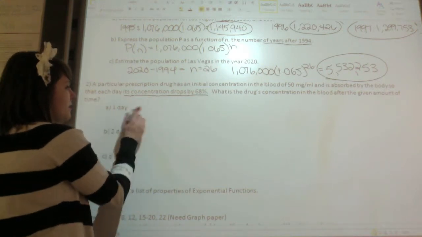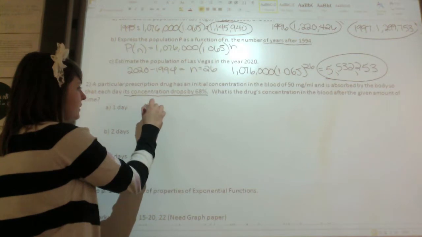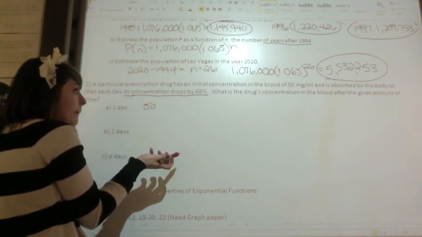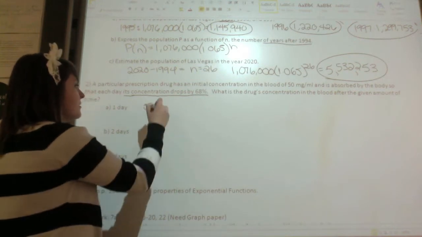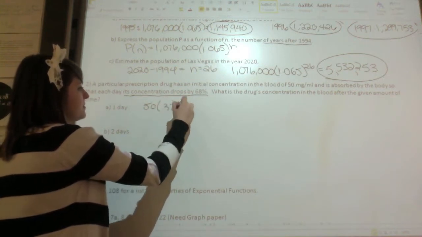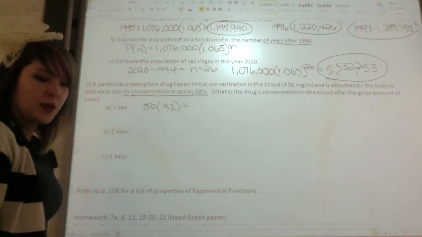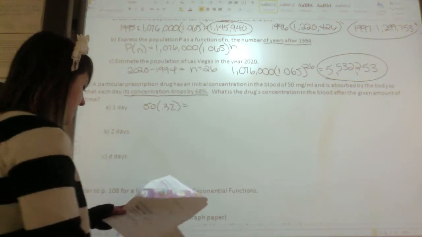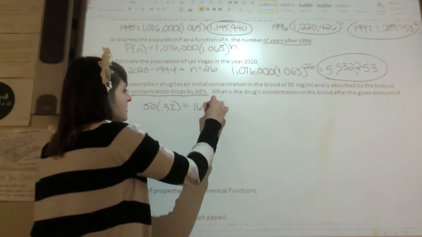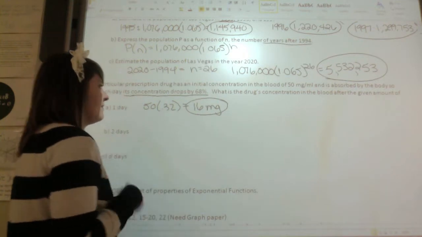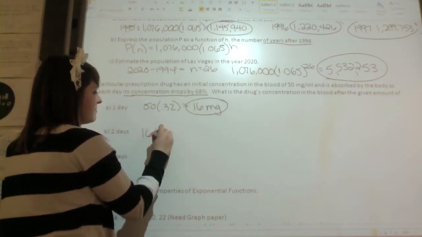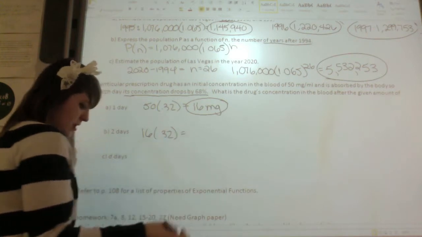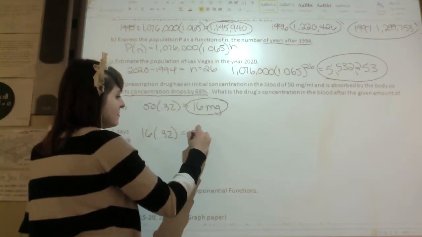So if I start with 50, and after one day I'm dropping by 68%, that means I'm retaining 32%. So I'm going to take this times 0.32. And when I do that, I get 16. So that means there's 16 milligrams left after day 1. Okay, after day 2, I can take that 16 times 0.32, and I get 5.12.